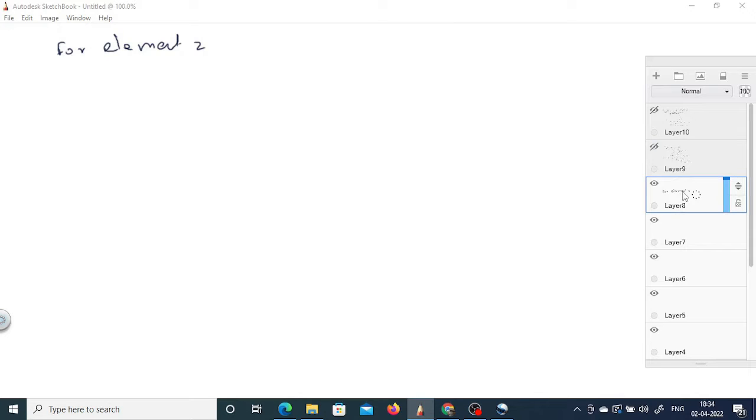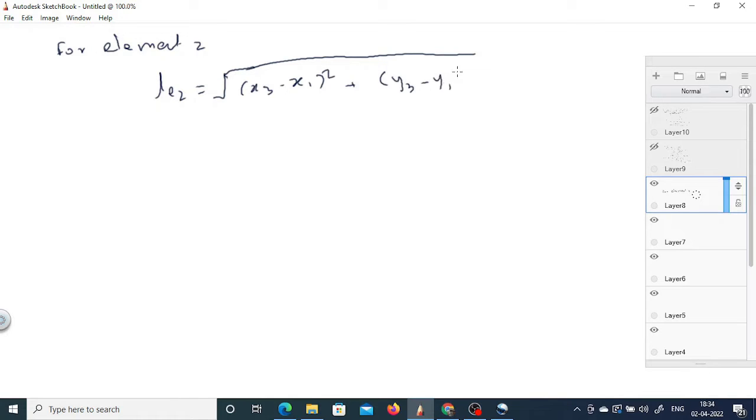Element 2 length can be written as Le2. The formula for element 2 is the square root of (x3 minus x1) square plus (y3 minus y1) square.